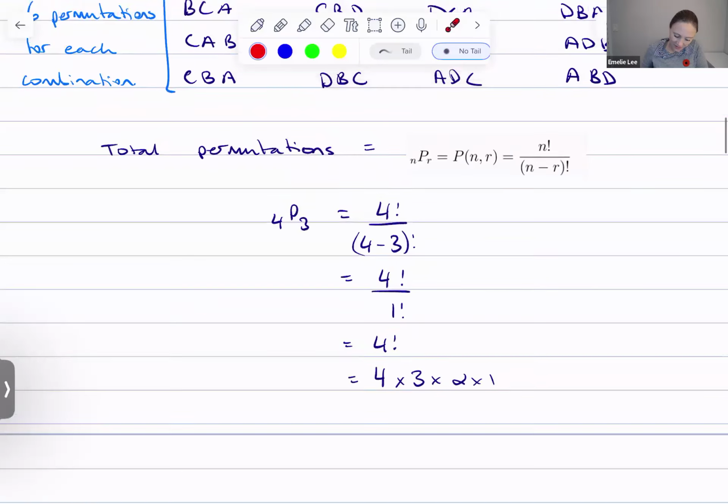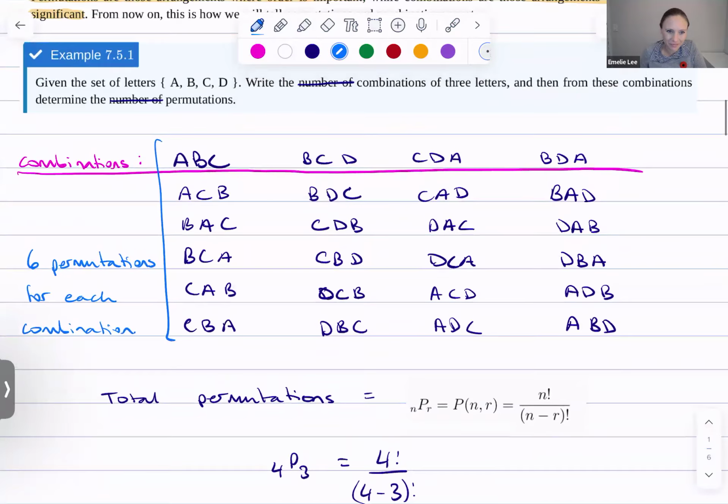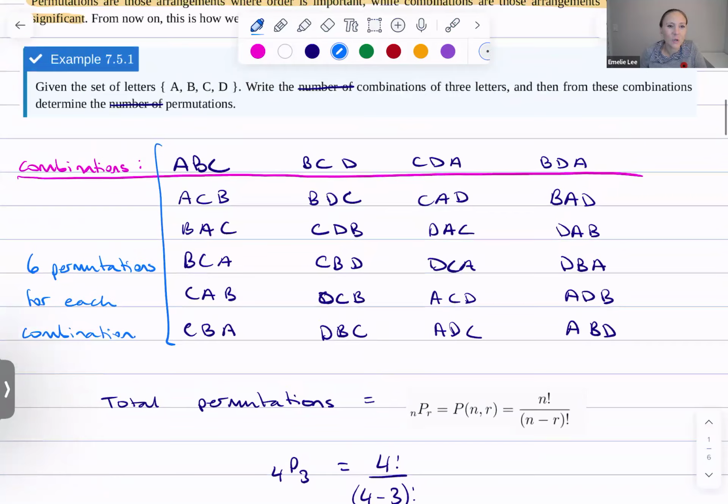Notice, and this is why I wanted to use the formula, that this is the same as if you did your slots. You should only have 3 slots there, but the answer is the same.